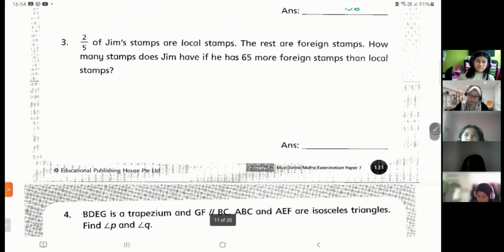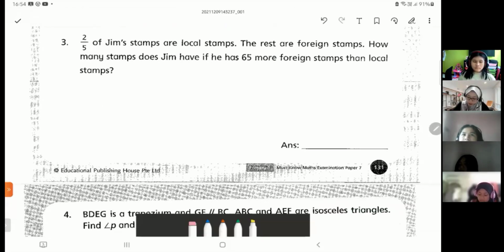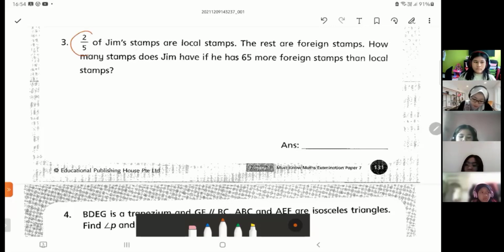Next one. This is the speed I'm going to go through. 2/5 of Jim's stamps are local stamps. The rest are foreign stamps. How many stamps does Jim have if he has 65 more foreign stamps than local stamps?